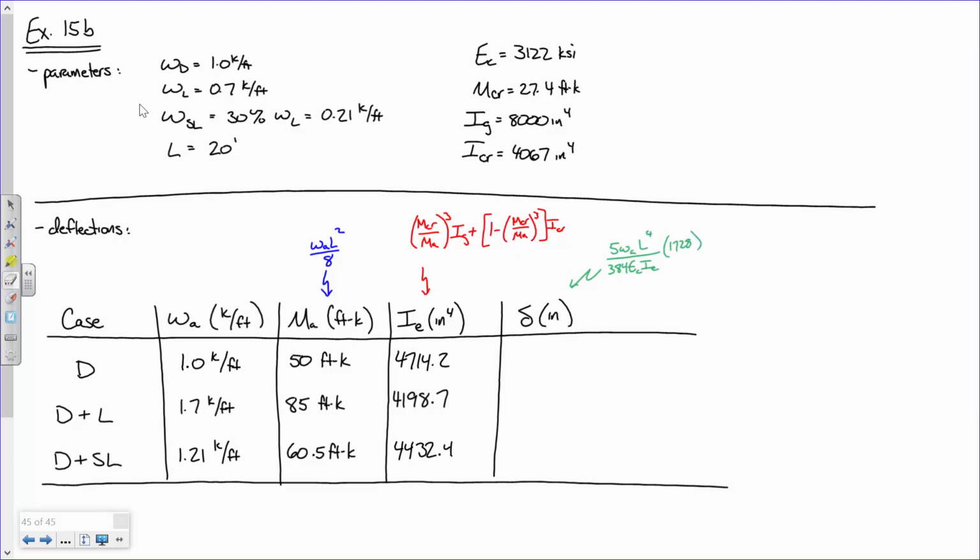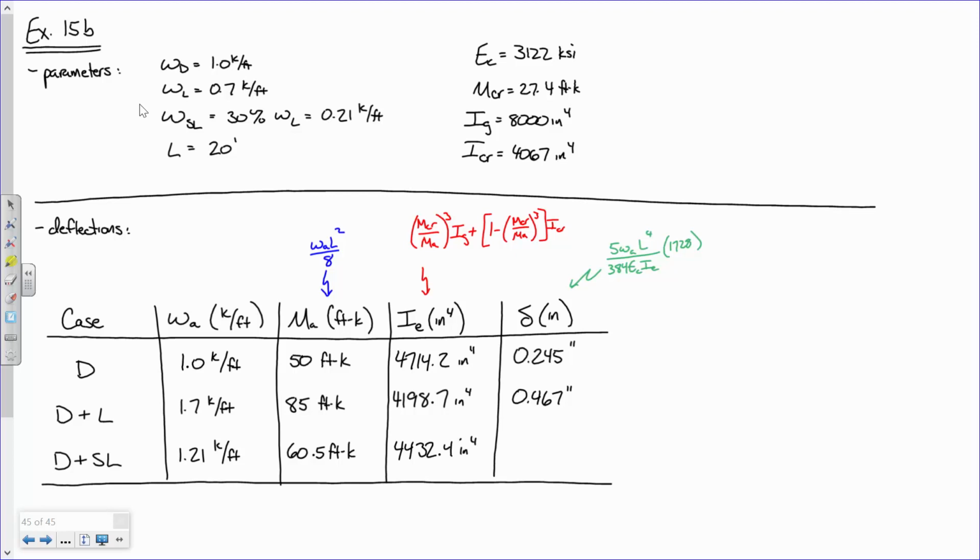All right, so what are you getting for each of these? It's a trick question. You shouldn't have to do the first two. 0.245 inches, and this one is inches to the fourth.